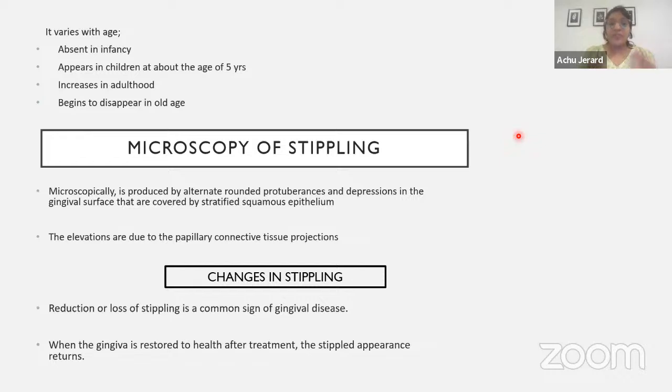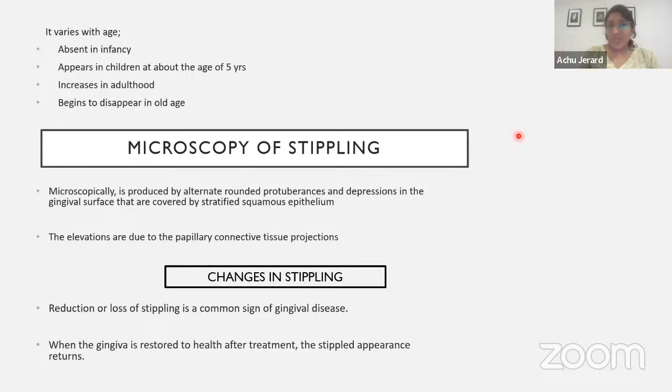And usually this feature is not present when a baby is born and also at the stage of infancy. Gradually it starts appearing and becomes prominent at the age of 5 years. Then it is present throughout youth and adulthood, and when one hits old age, it starts disappearing again.